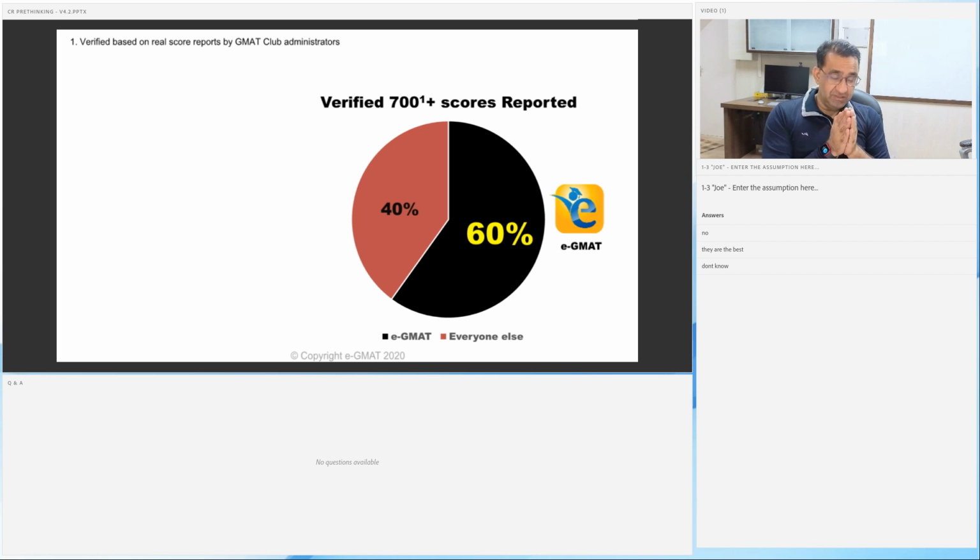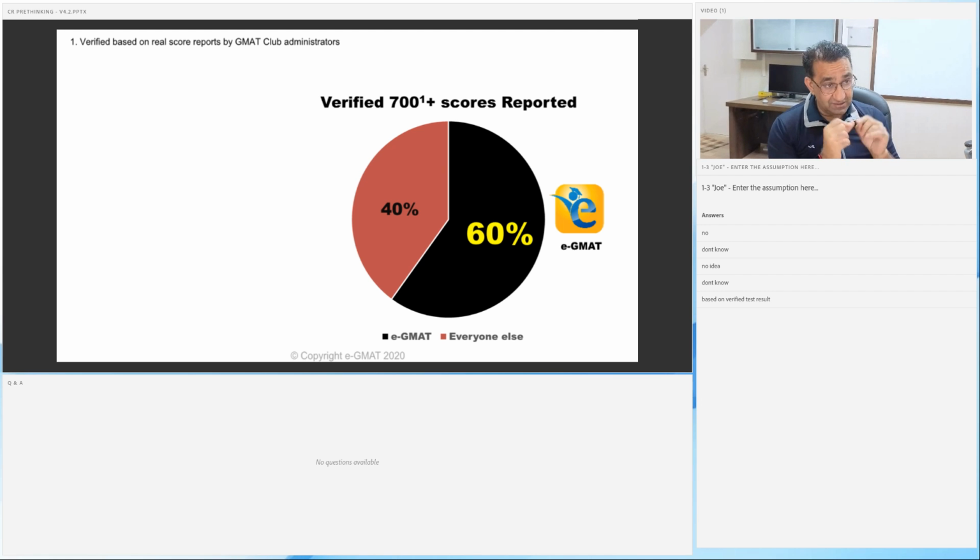To post a review on GMAT Club, you have to do a few things. First of all, you have to submit your verified test result, which means you have to give the username and password for your MBA.com account, and someone goes in, logs into your account, and verifies your score. Then you have to submit your purchase receipt.